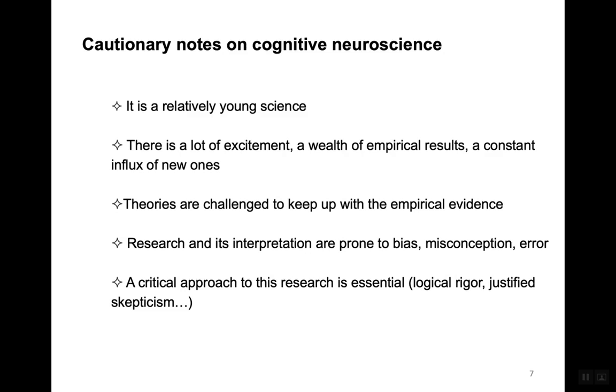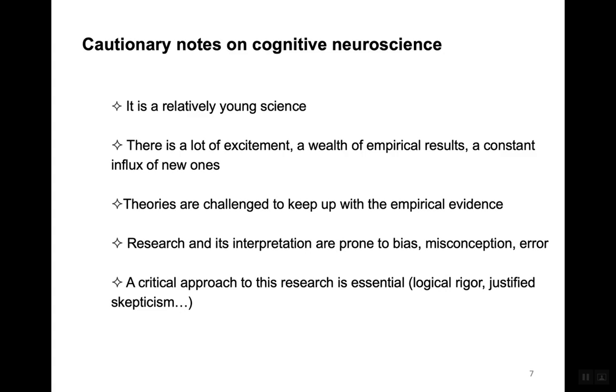And it is becoming increasingly difficult for theories to keep up with the wealth of empirical evidence, which also unfortunately leaves the door open to bias and misconception and error in a variety of ways. So like we might expect for a young science, it is especially important whenever you're dealing with cognitive neuroscience theories to exercise logical rigor and justified skepticism.